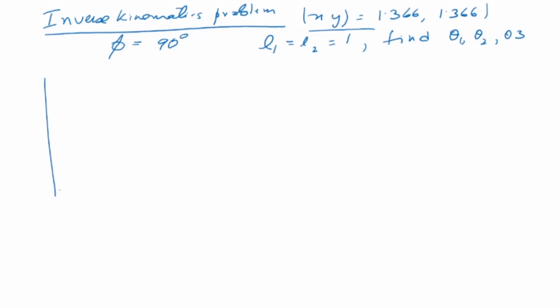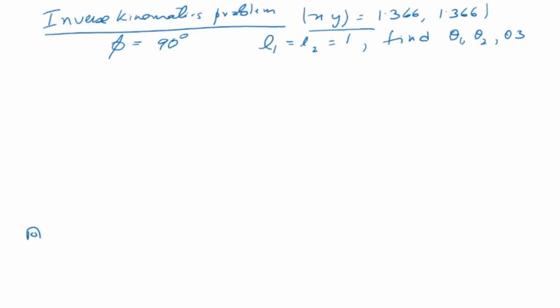Let's draw the manipulator system again. So this was the manipulator system. This is my L1, L2. No, sorry, there was another linkage here. So this is my theta 1, that's my theta 2, that's my theta 3, and this is my x1, x2. Let me draw it again.